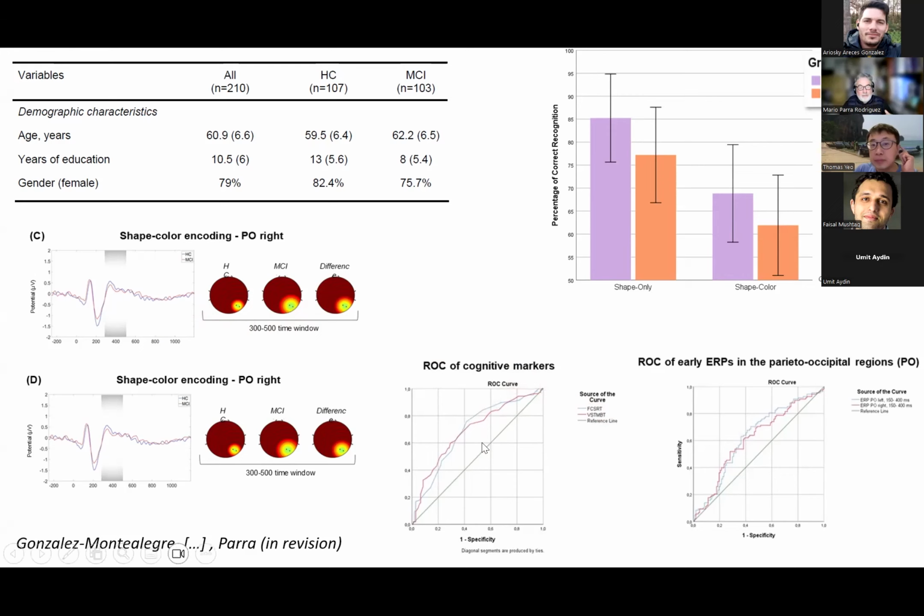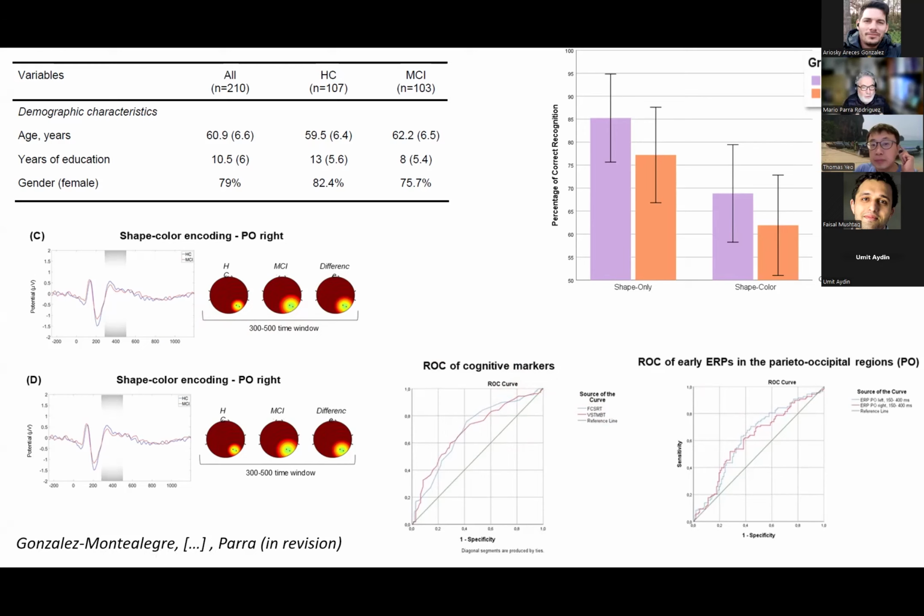It's not a huge classification accuracy, we're talking about 0.7 around that level. But again, this is a very early stage, community-based sample. So it's quite promising to see that this methodology can help us identify people at risk of dementia at this earlier stage.